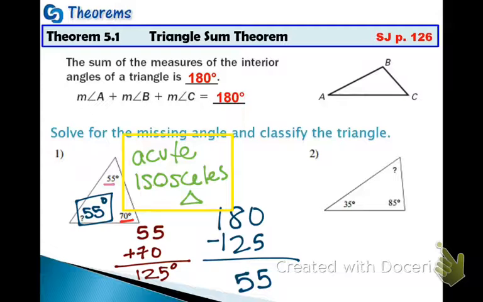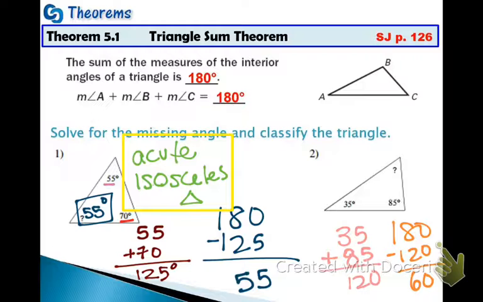Number 2, what do we do first to figure out how many degrees we already have? Add them. 35 and 85, which make 120. What do I do once I know the information? Subtract from 180. So how many degrees fit? 60.